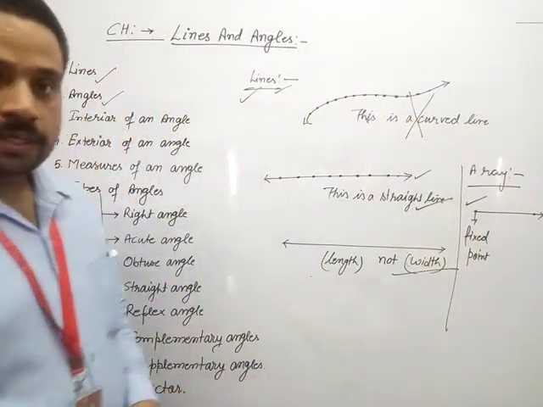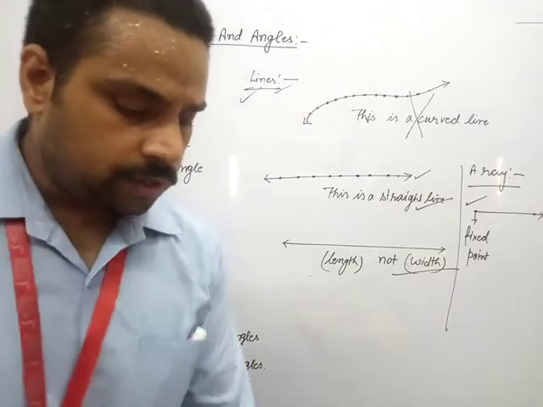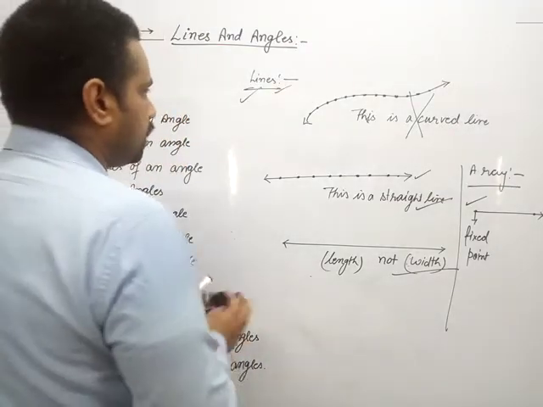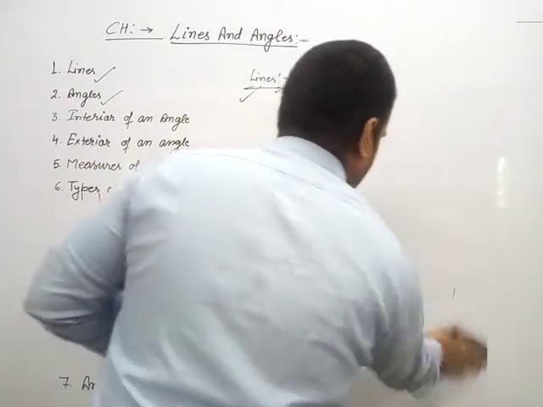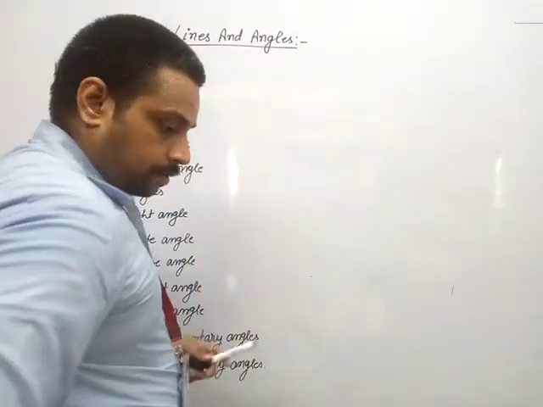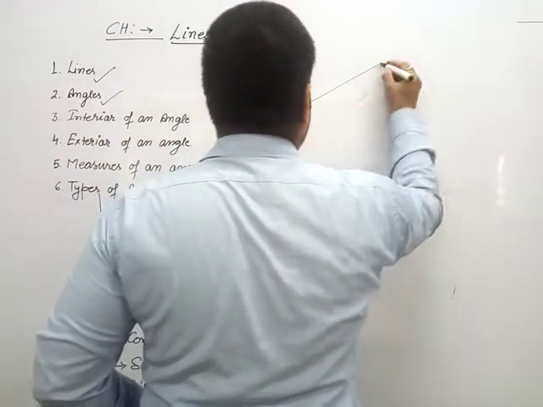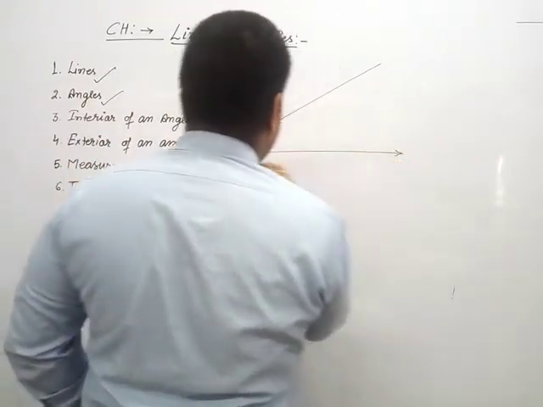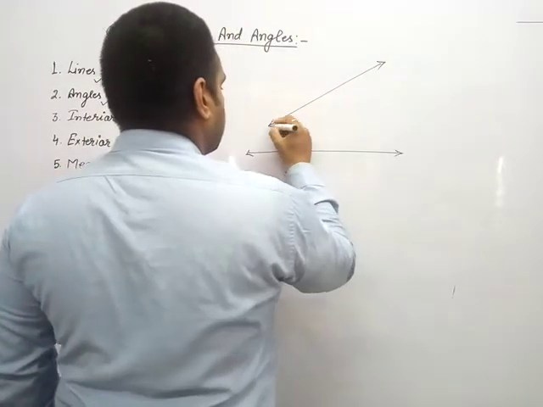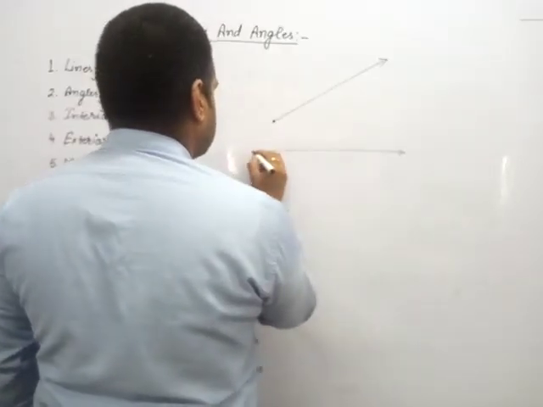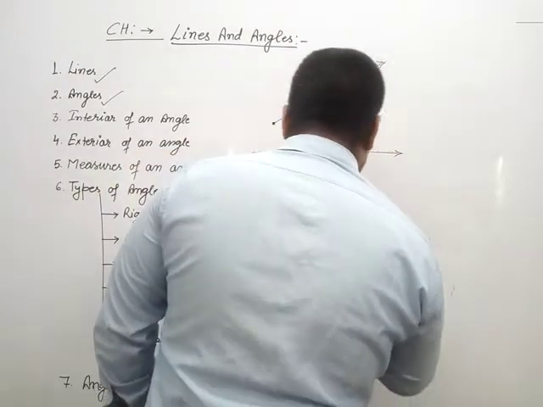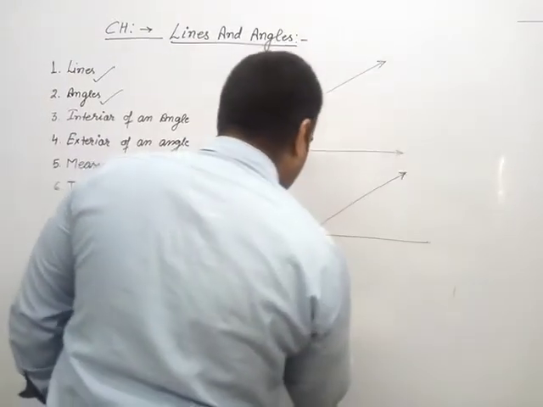I think this is clear to you because I am taking the revision class here. Now this is a ray and this is a ray. This is a fixed point, and I am taking another combination of two rays.